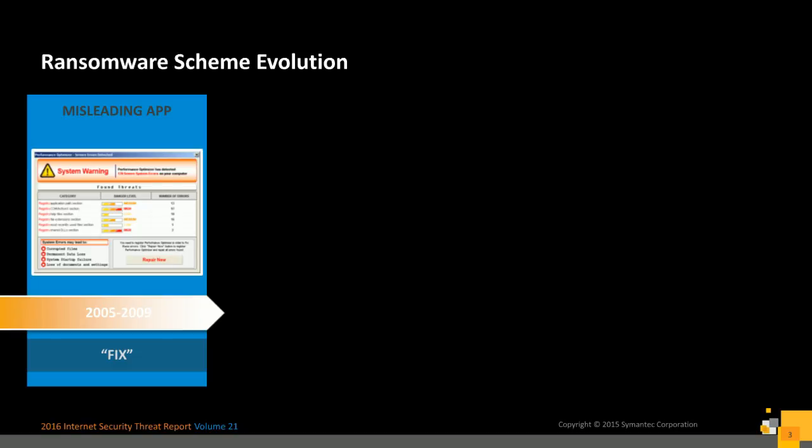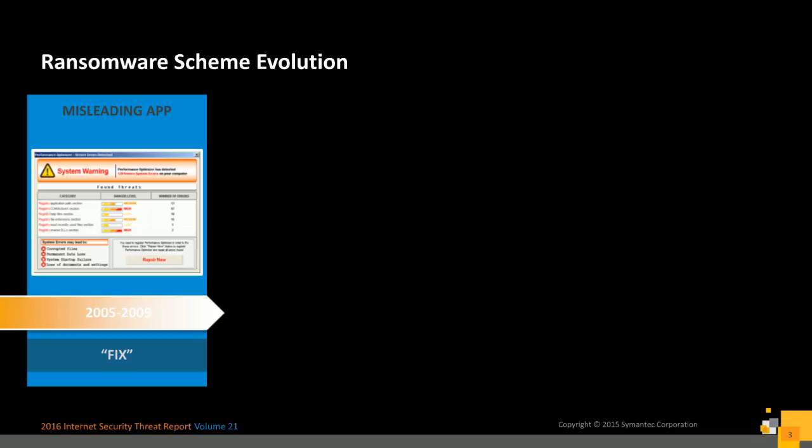Primitive early attempts to finagle money from end users looked something like this. Your computer's not running well. It needs to be cleaned or tuned up. Let us help you. Purchase our cleanup tool, our fix, our malware remover, whatever it happened to be.